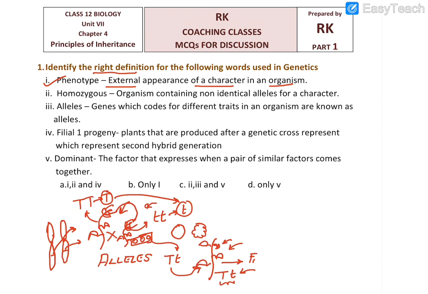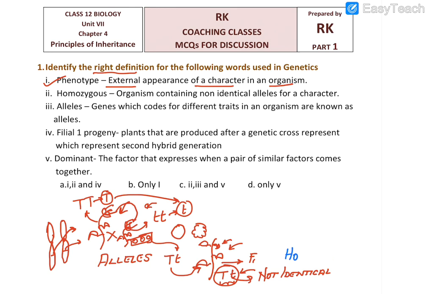If you take the alleles, whatever alleles or factors are present here, they are not identical. If the alleles are not identical, then that condition we call homozygous.